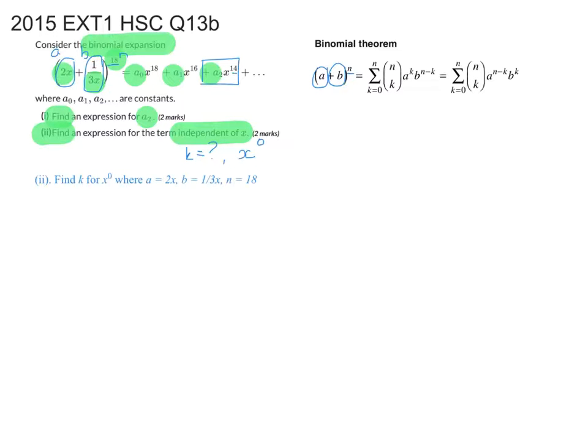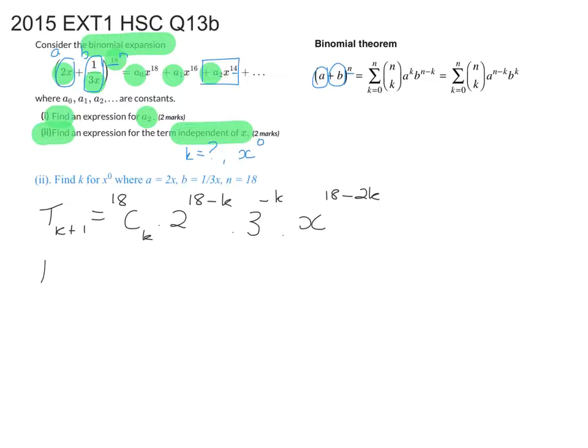So again, starting with our general term that we found in the first question, we have 18ck times 2 to the 18 minus k times 3 to the negative k, and our x values of 18 minus 2k.